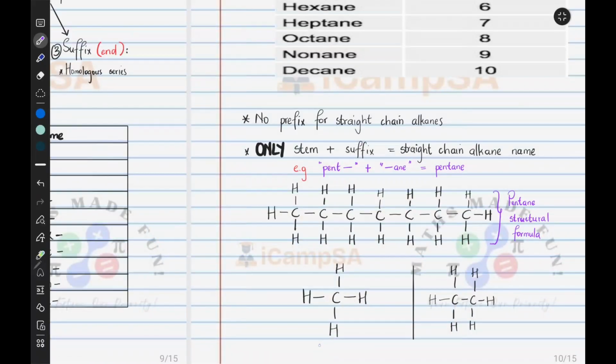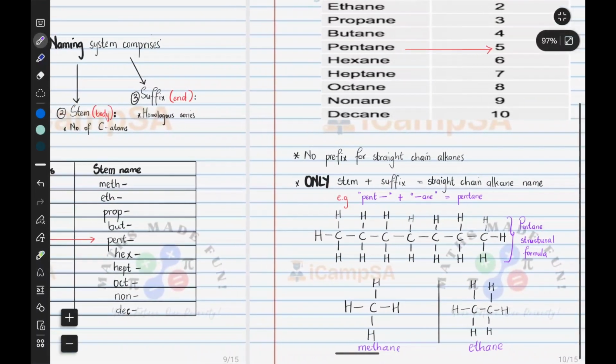This would be methane. This would be ethane. We made examples of these earlier on, but we were not really concerned with IUPAC naming. But you should recognize these two, methane and ethane, from when we were still introducing this topic.